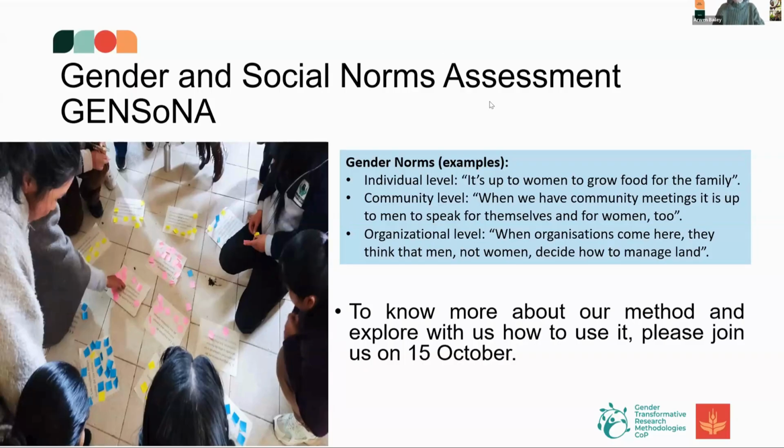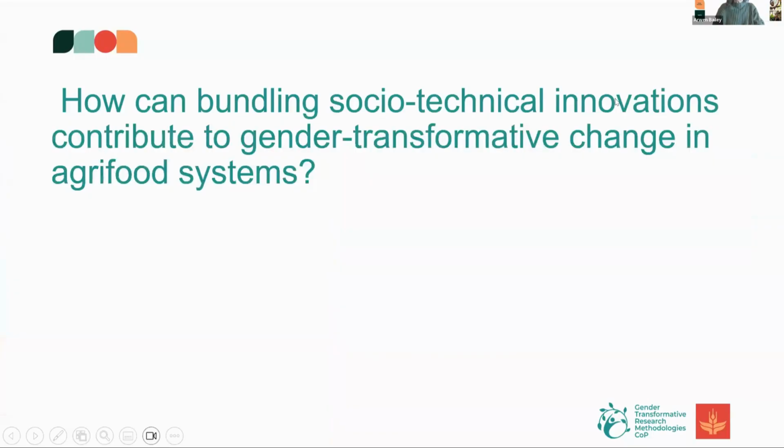Okay, so of the tools which we're presenting today, there's just one more to go. This tool looks at how bundling socio-technical innovations can contribute to gender transformative change in agri-food systems.